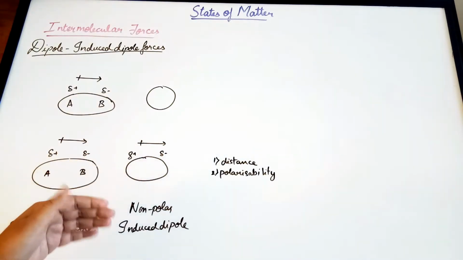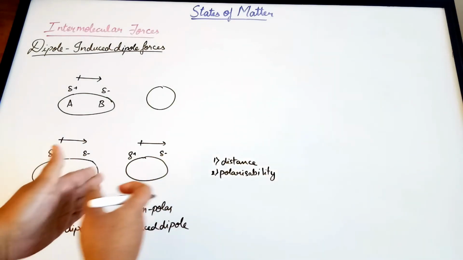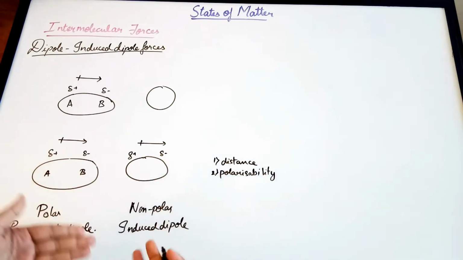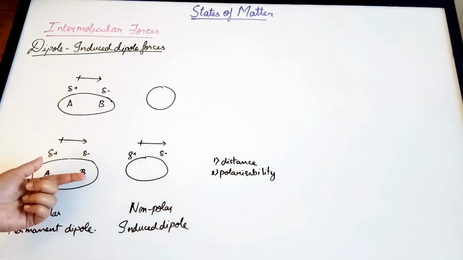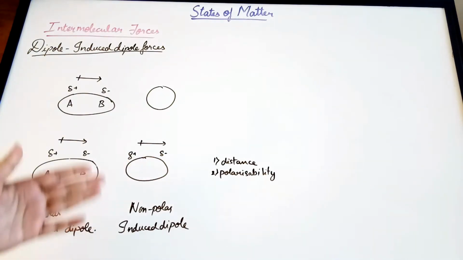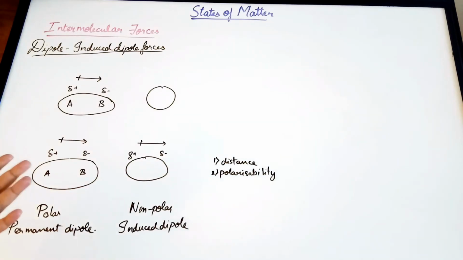If it's easy for us to split the positive and the negative, that is the nucleus and the electron cloud, if it's easy to distort the electron cloud, then the polarizability is high. Then it will be easier for it to have an induced dipole, and more will be the force of interaction between these two molecules. And distance, similar to the other ones: the closer they are, the more is the strength of the interaction between the dipole and the induced dipole.